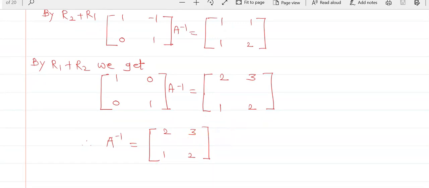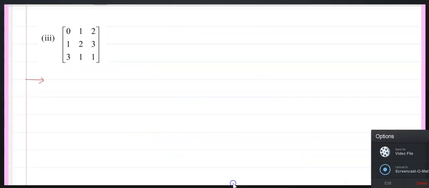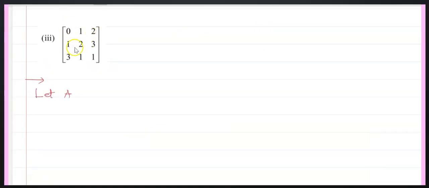Now the next is next example. 0, 1, 2, 1, 2, 3, 3, 1, 1.